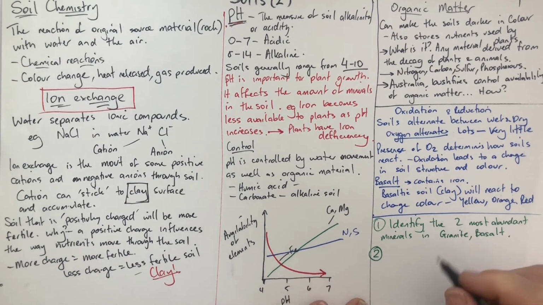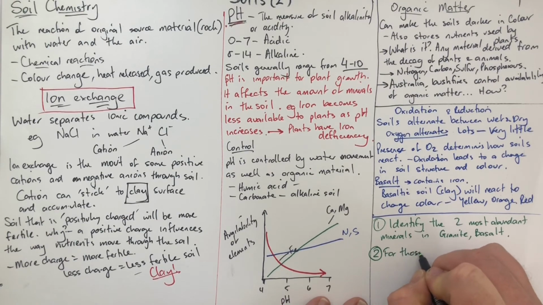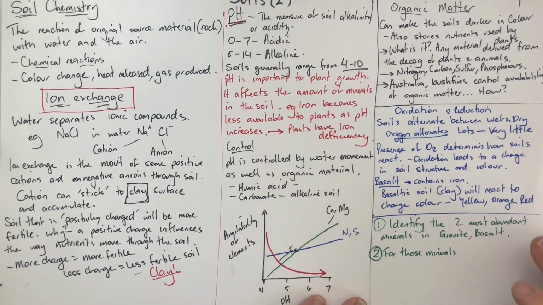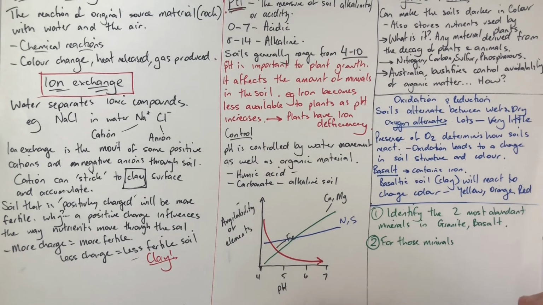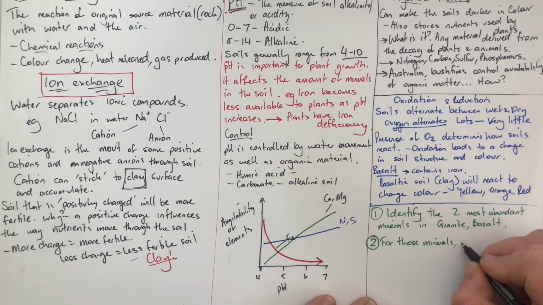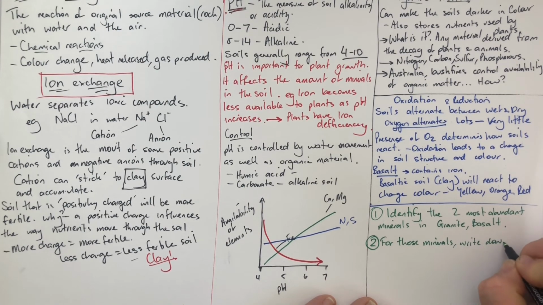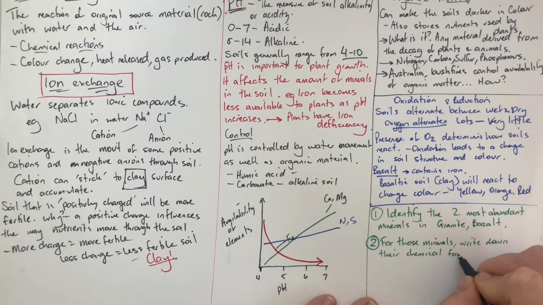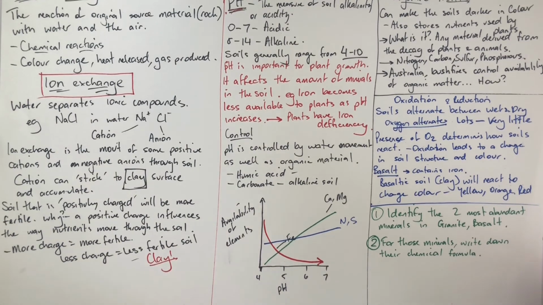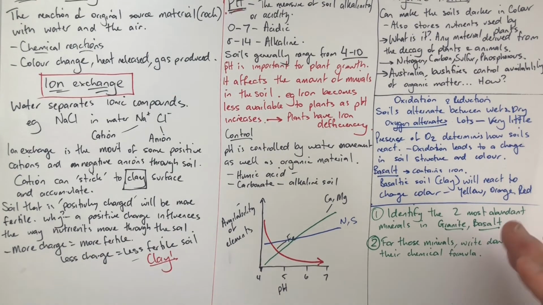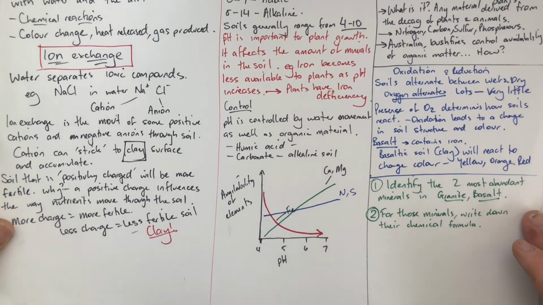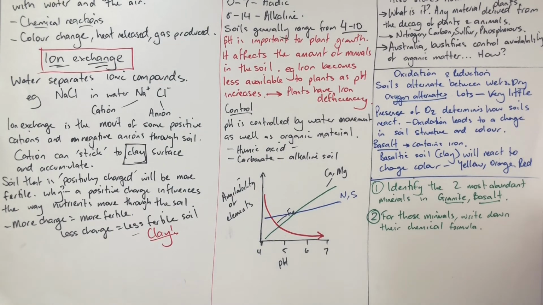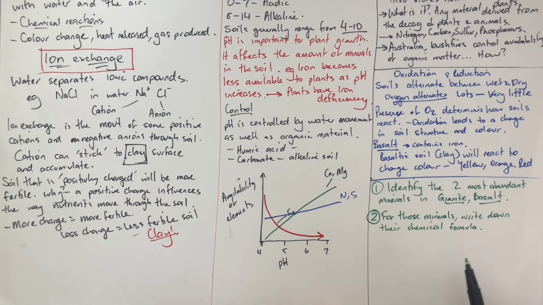Then, for those minerals, I want you to write down the chemical formula of them. And have a look at them. Have a look at the differences between those two particular rocks. This is something that we'll talk about a little bit later on. We'll definitely talk about this in year 12, but the differences between these two rocks come down to these minerals and the chemicals that are within them.